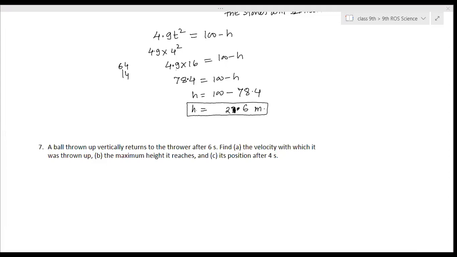Ma'am, so for how 6 seconds? It is 3 seconds, no? Yes. Ma'am, is the first answer minus 29.4? Ma'am, it's plus 29.4. Oh, yes, ma'am. Plus. 29.4 is the answer. Speeds are always positive.